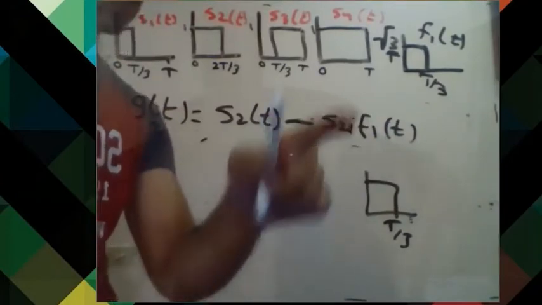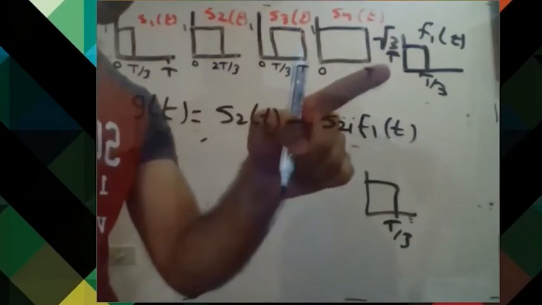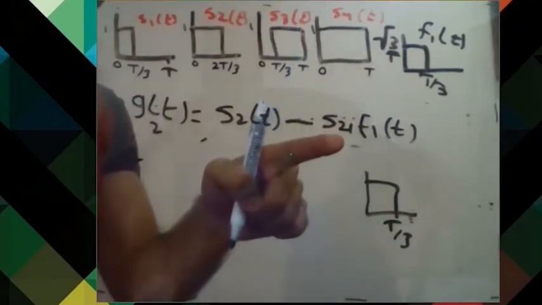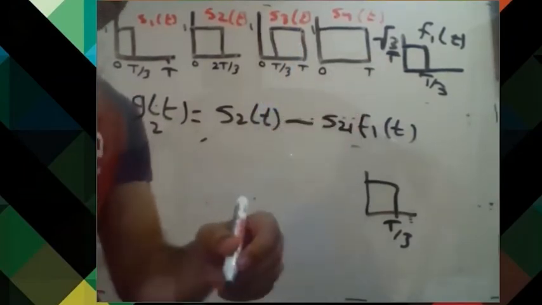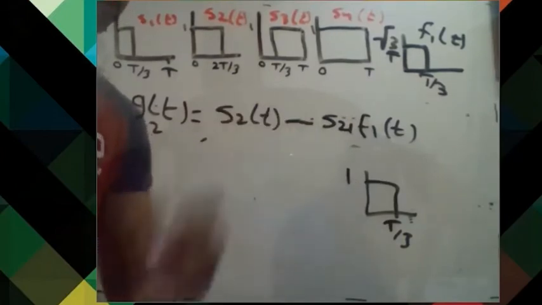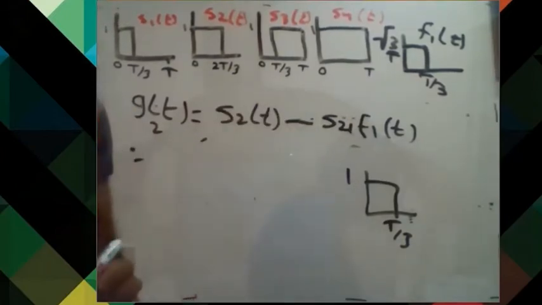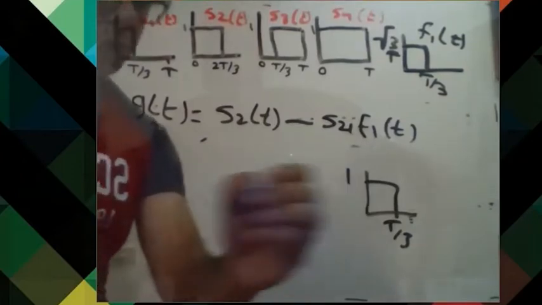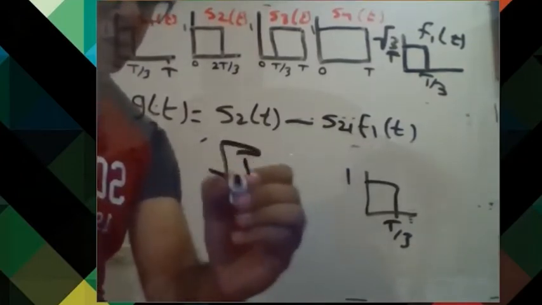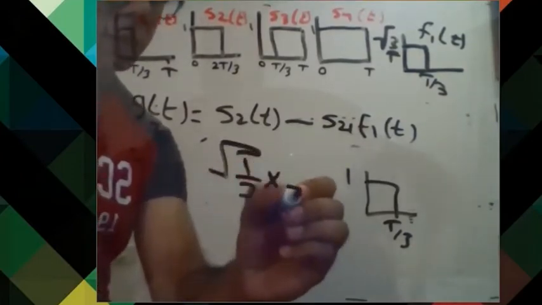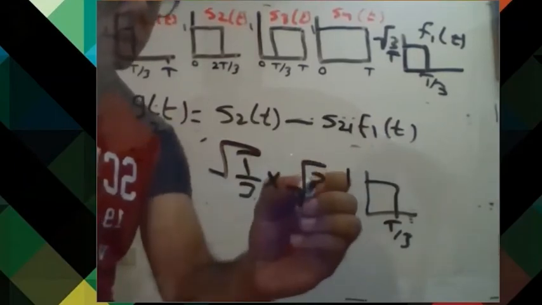The magnitude of this signal is root 3 by T, and the magnitude of this value is root T by 3, so it will just cancel out and I'll get the answer of 1.